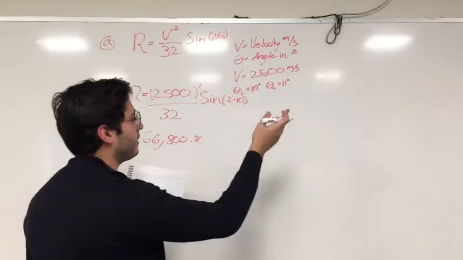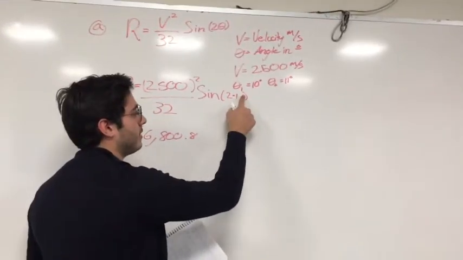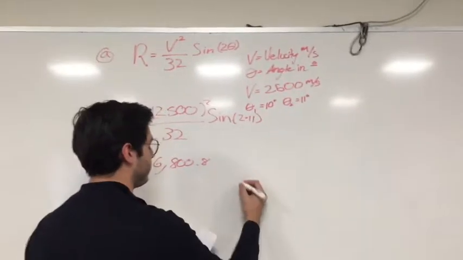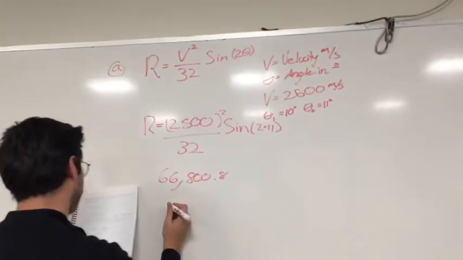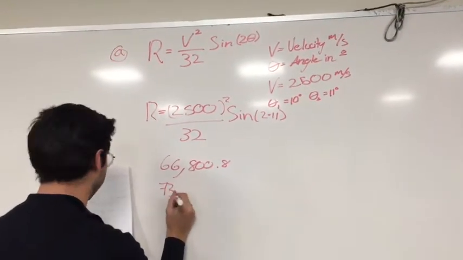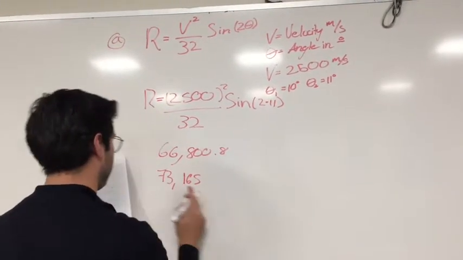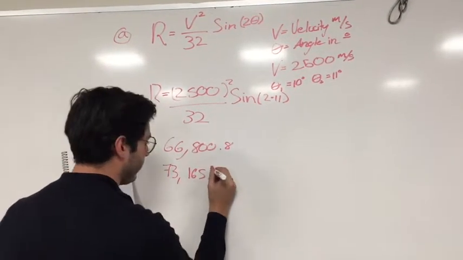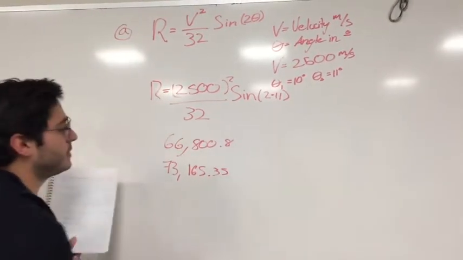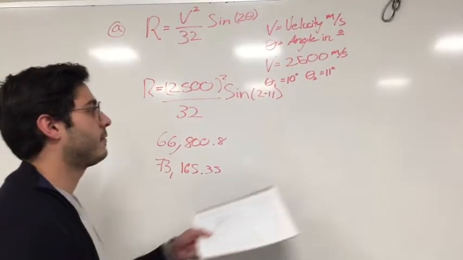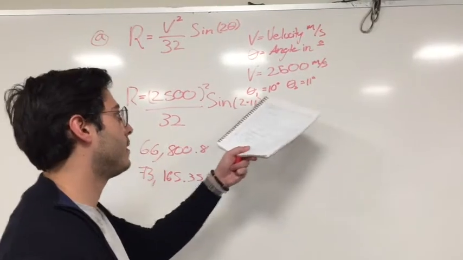We do the same thing by plugging in 11 degrees, which gives us 73,165.35, and to get the difference we do a simple subtraction of angle 11 and angle 10.